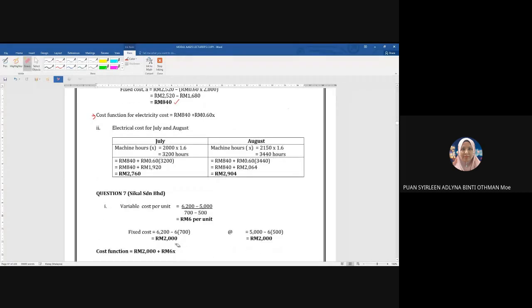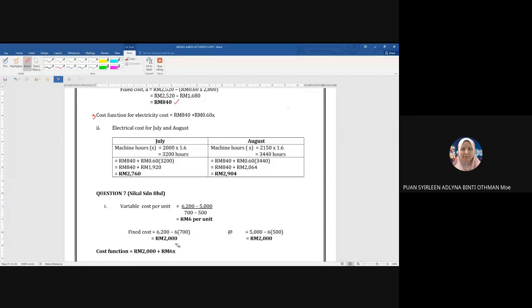Alright, we go to the next question. Okay, number 7. Soalan 7 ni senang sikit, tapi semalam ada orang yang tanya juga. Untuk number 7, the cost driver ialah machine hours. Sebab yang ni dia cuma bagi kamu satu cost saja, dia kata total cost saja kan? Dia bagi overall total cost, cuma dia tak bagi awak details apa yang ada dalam total cost tu.